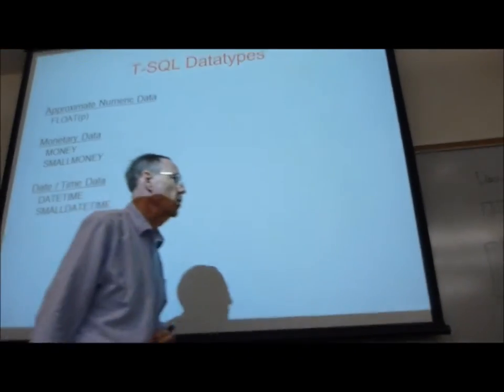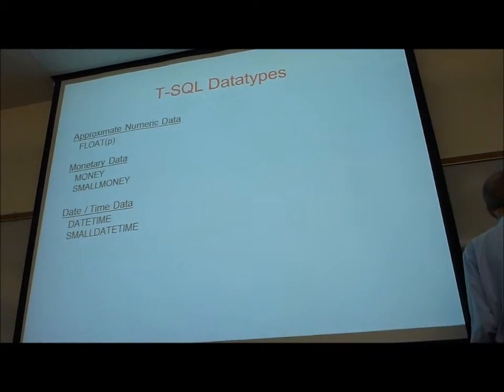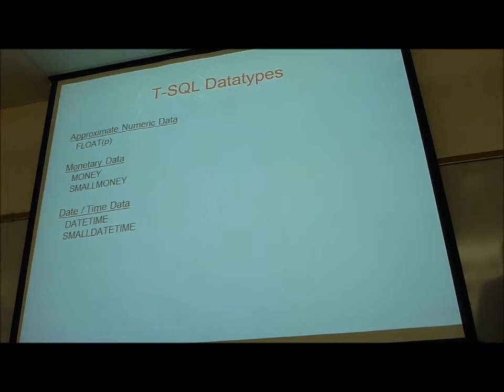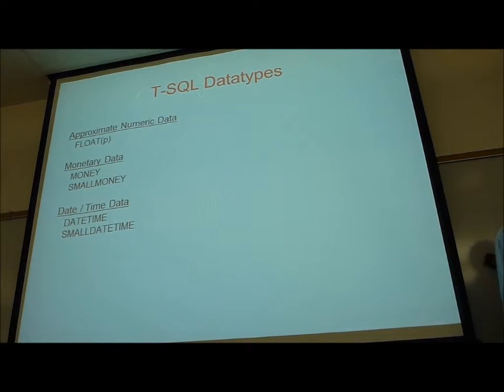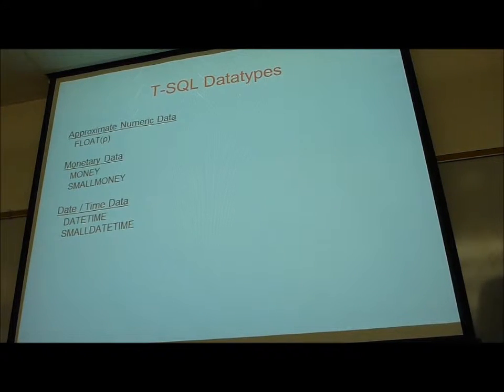Monetary is nothing more than a decimal. In fact, money is decimal 19,4.